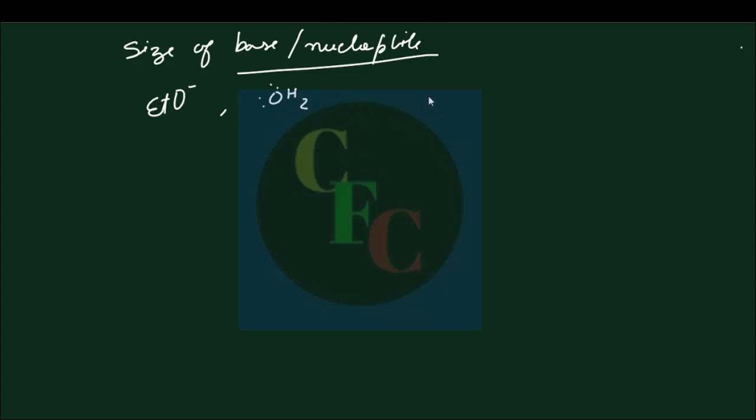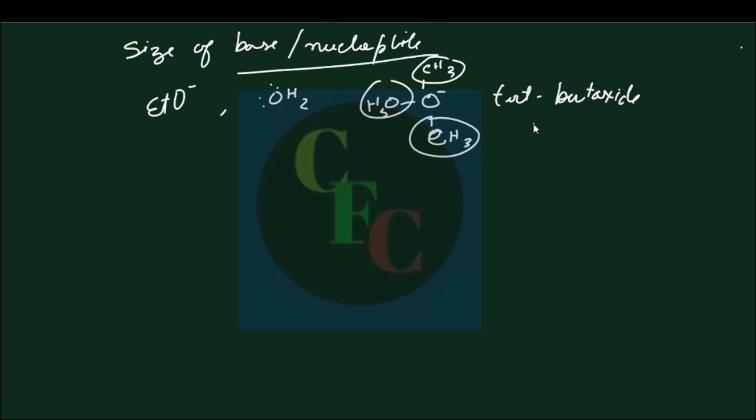What if the base itself is very hindered? It's tertiary butoxide. You can easily have this base also. This is tertiary butoxide, a highly hindered base.